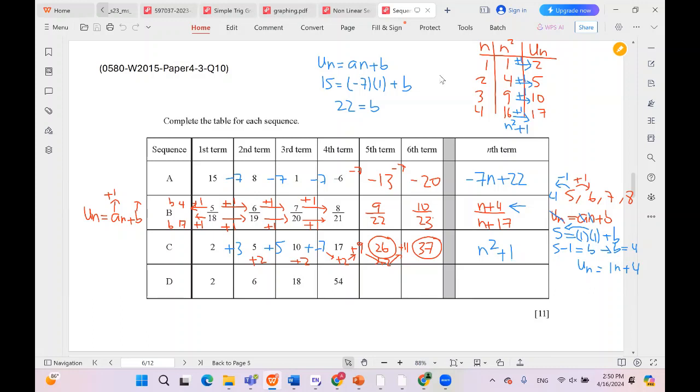For the final sequence, sequence D, we have plus 4, so 2 plus 4 equals 6. 6 plus 12 is 18. 18 plus something equals 54, so you do 54 minus 18, and that gives you 36. Now, 4 and 12 and 36 are obviously different numbers.